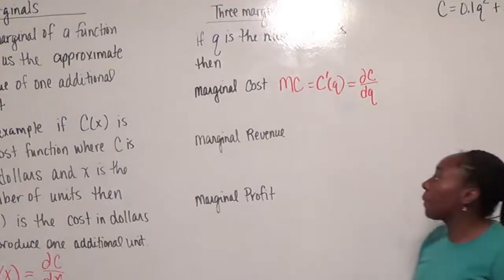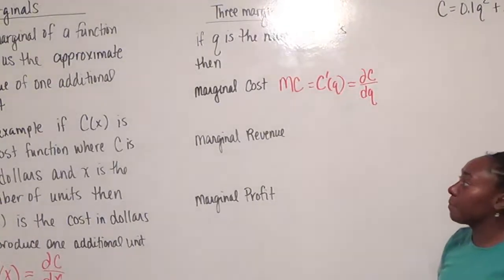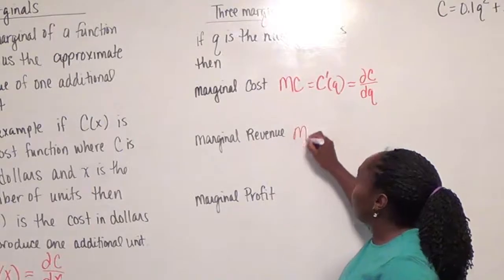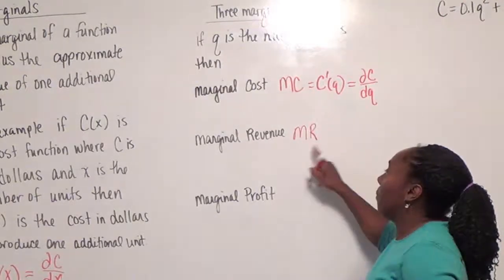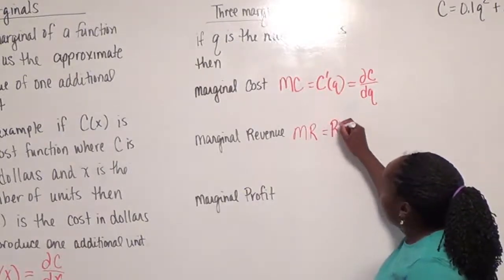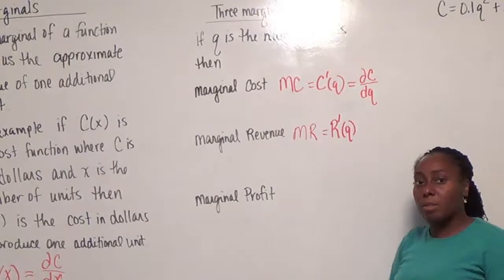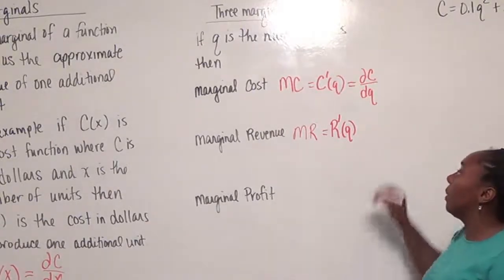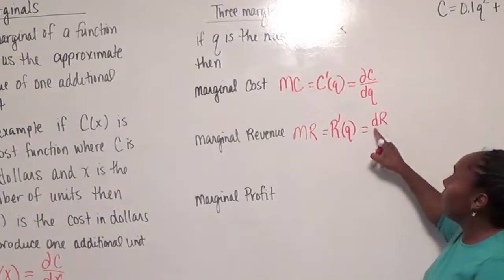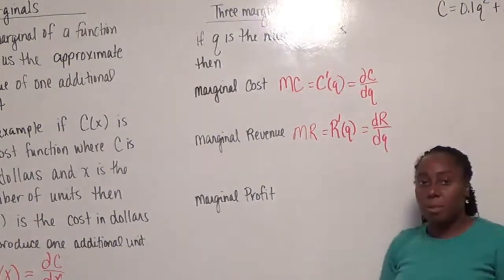All of those represent our marginal cost. Our marginal revenue, same thing, there's three different ways we can write that. MR for marginal revenue. It's the derivative of revenue with respect to the number of units, so R prime of Q. Or, as I just said, dr dq.